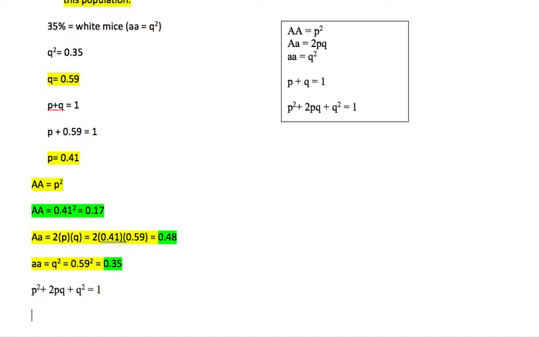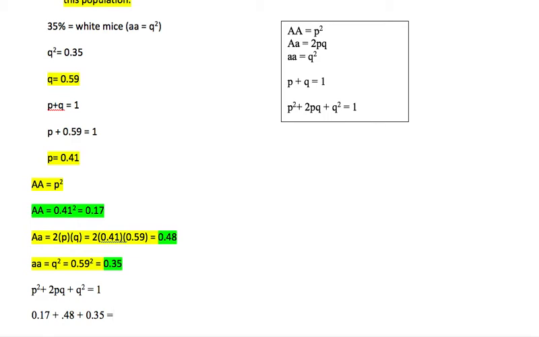So now I'm going to just plug all of those in. So p squared, 0.17, plus 2pq, which is big A, little a, that's right here, 0.48, plus little a little a, which is q squared, 0.35, and that should equal 1.